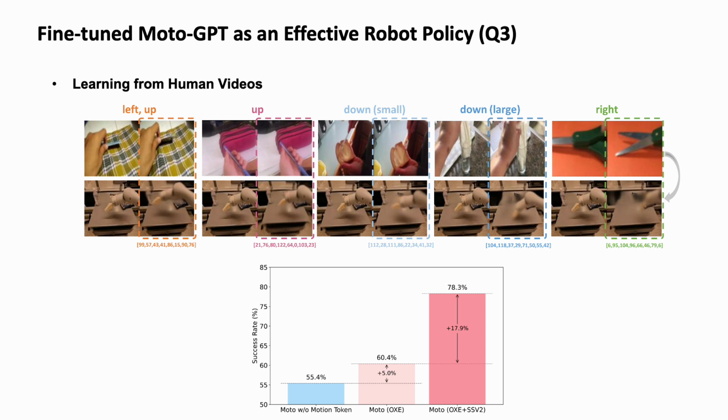Firstly, the latent motion tokens extracted from human videos can be decoded into consistent visual motions for robots. Moreover, by combining robot videos like Open X-Embodiment with human videos like Something-Something v2, we can further boost the policy's performance compared with the variant which uses only robot videos for pre-training.